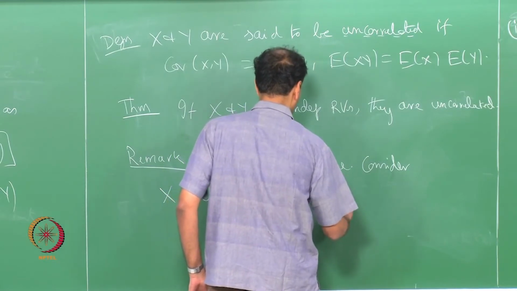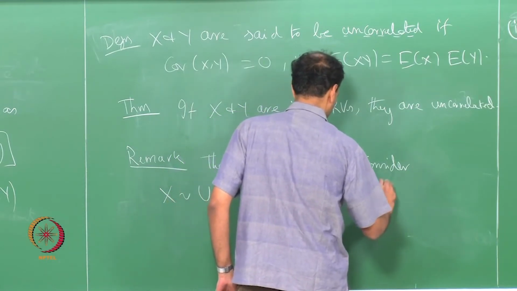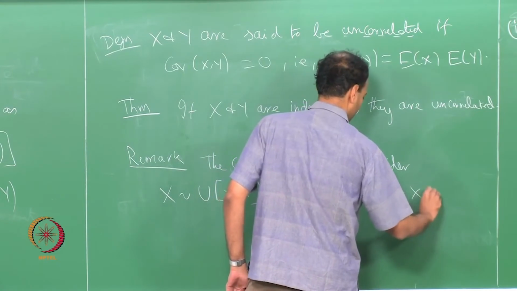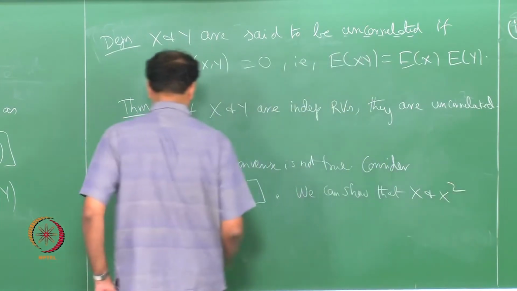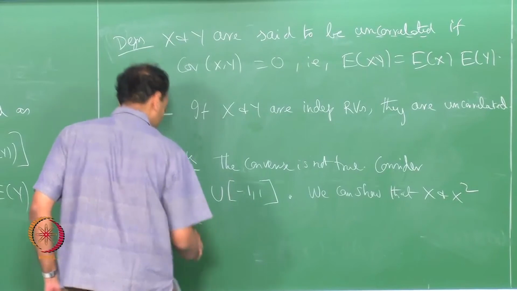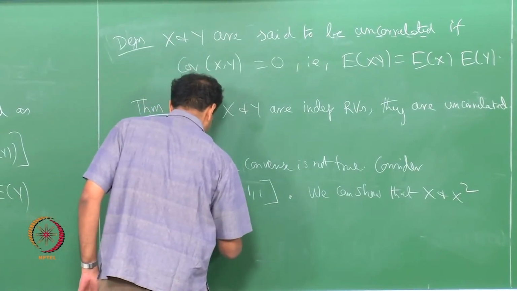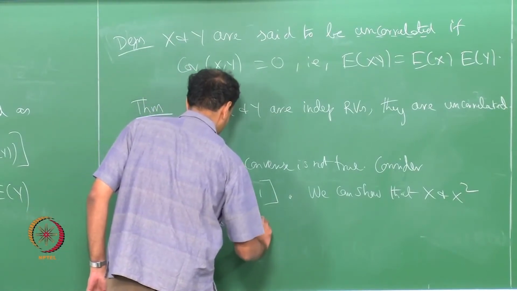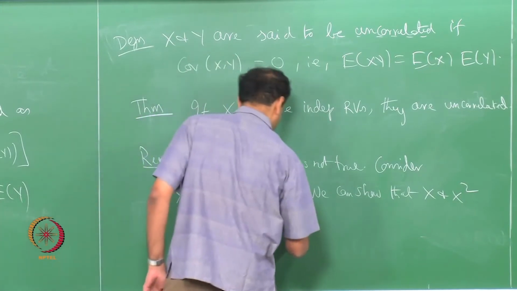We can show that x and x square are dependent, but uncorrelated.